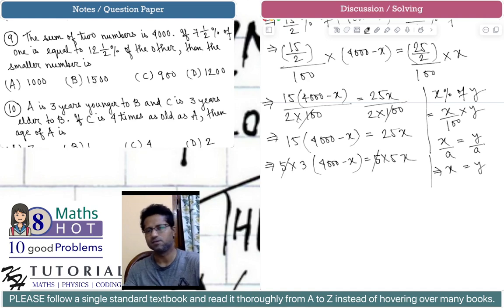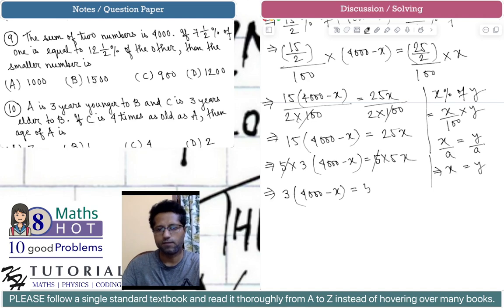By cancelling, we basically divide both sides by 5. Hence, the equation reduces to 3 into (4000 minus x) is equal to 5x. Now you do the product on the LHS and open up the brackets, and you get 12,000 minus 3x is equal to 5x.